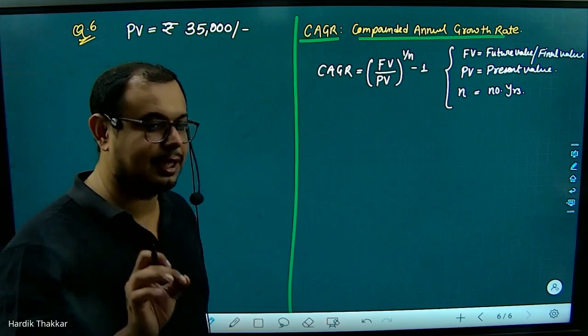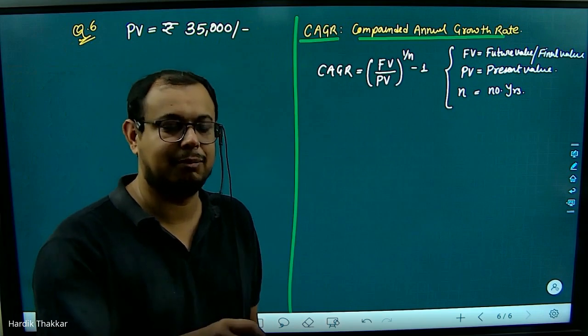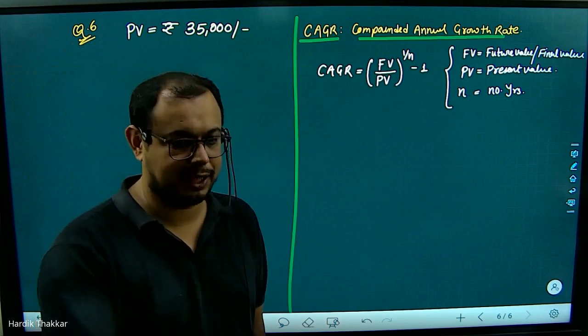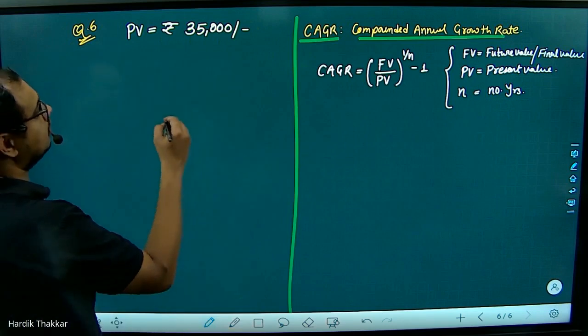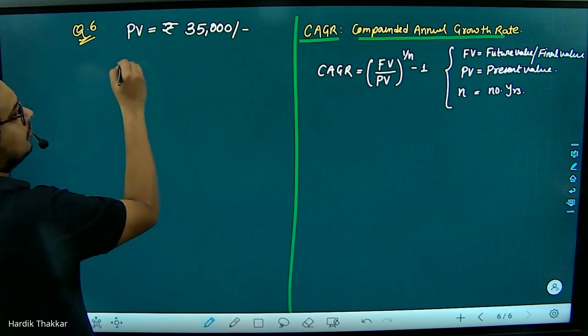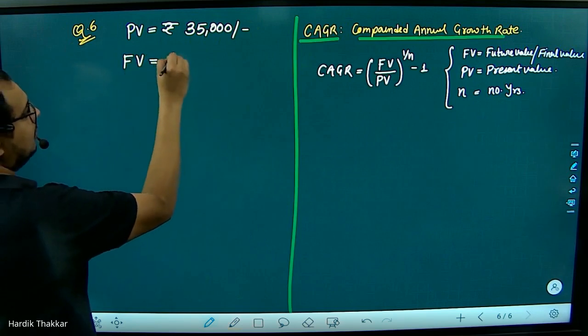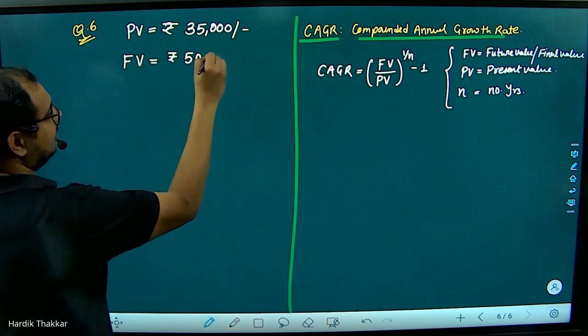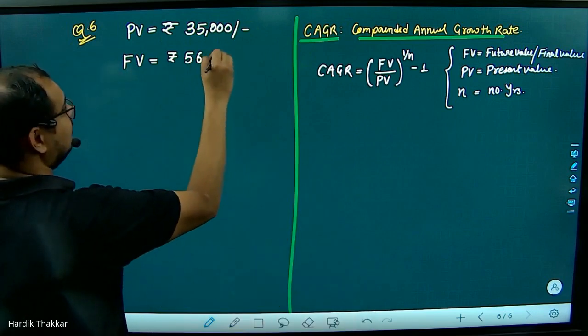Now understand this situation. She is reinvesting the same amount in the same company, so this is where compounding is happening. Further, this is the final or future value, that is rupees 56,000.